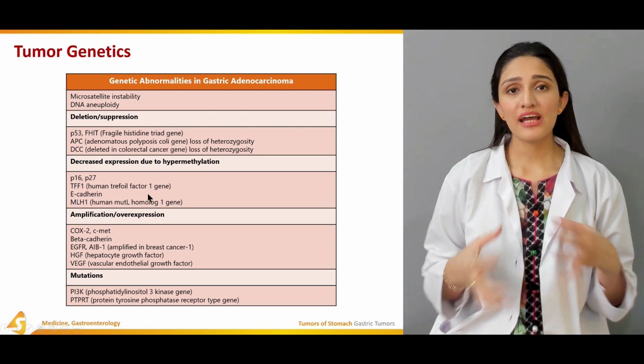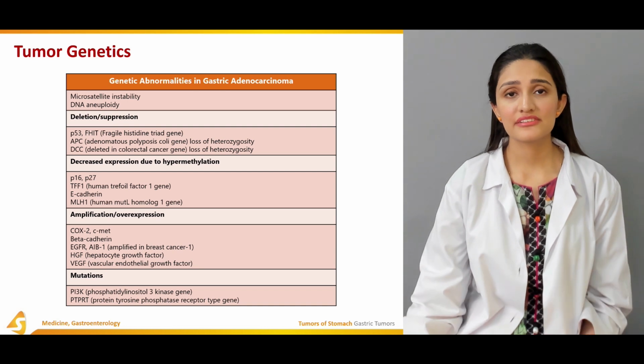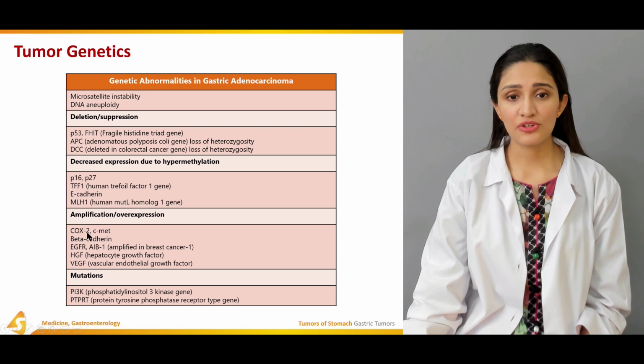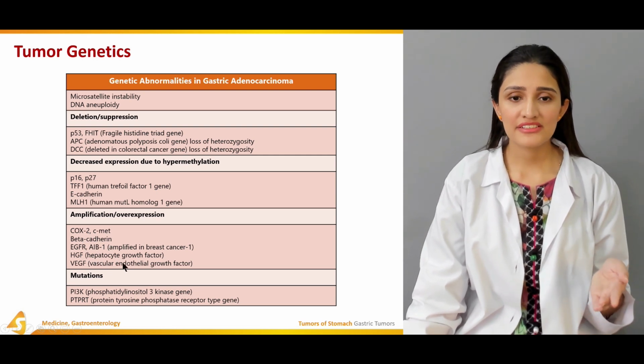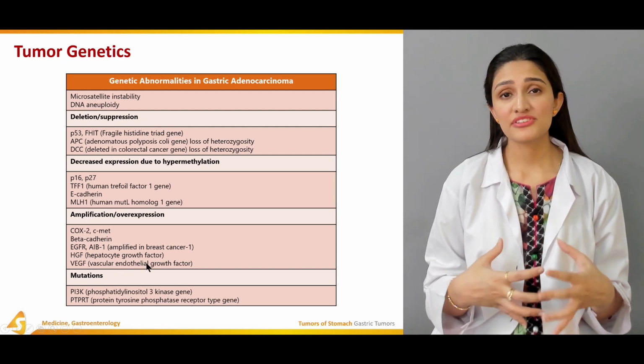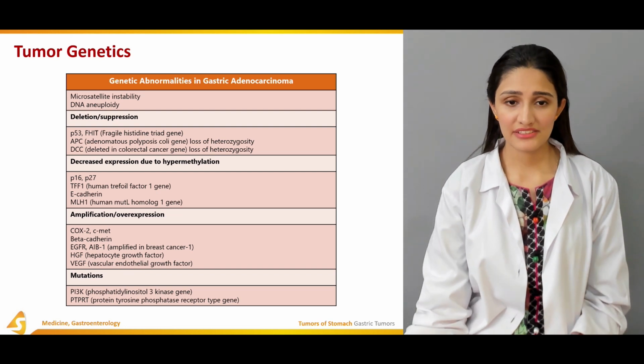So there's also an amplification and overexpression, which also has a role in the development of gastric cancer, such as the growth factors such as COX-2, beta-cadherin, and the hepatocyte growth factor and the vascular endothelial growth factor, which have an overexpression and cause more cell proliferation, which causes cancer.